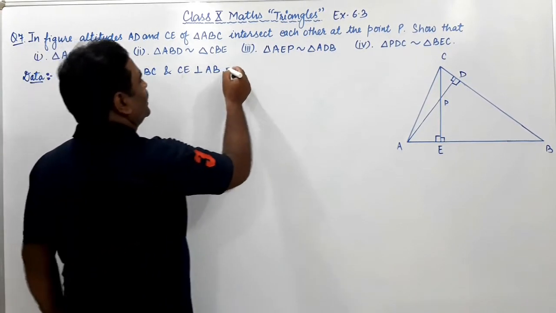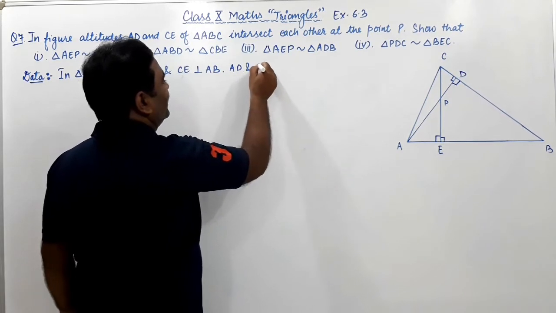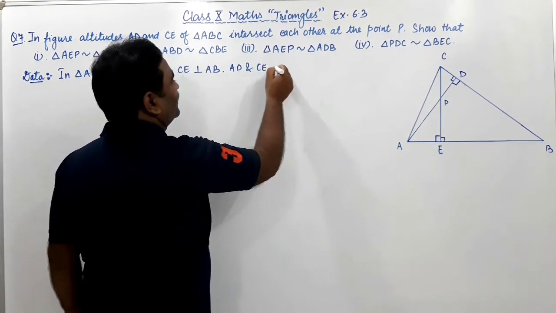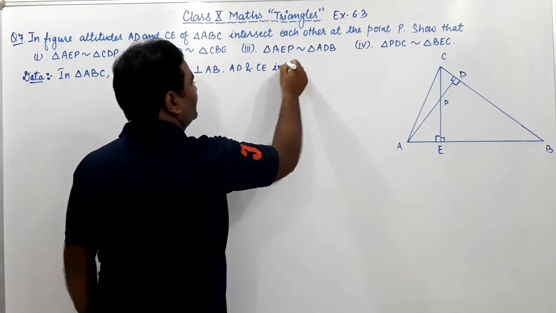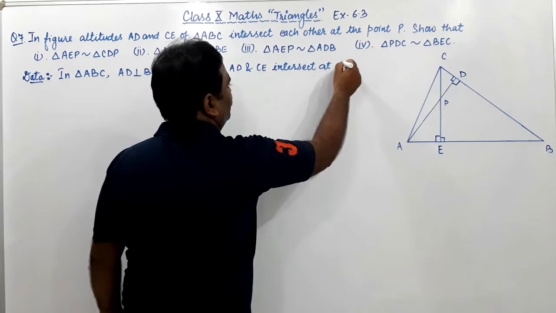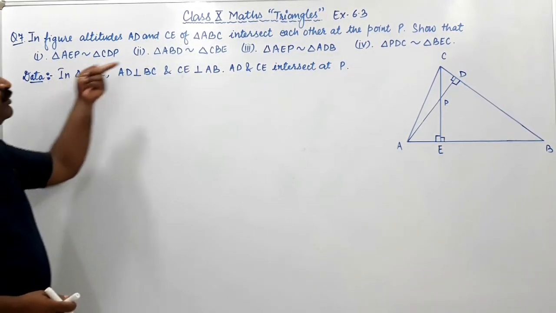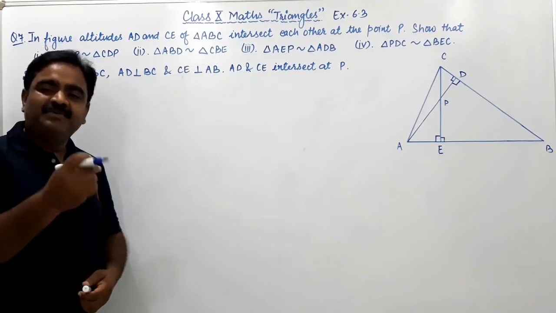And these altitudes intersect at point P, or you can say AD and CE intersect at point P, right? So in the data you need to write down these 4 parts. These parts we need to write in to prove.